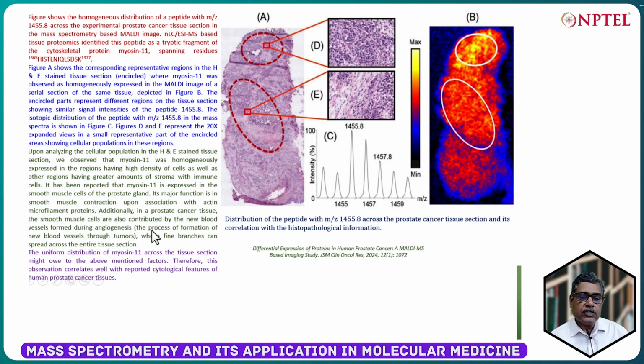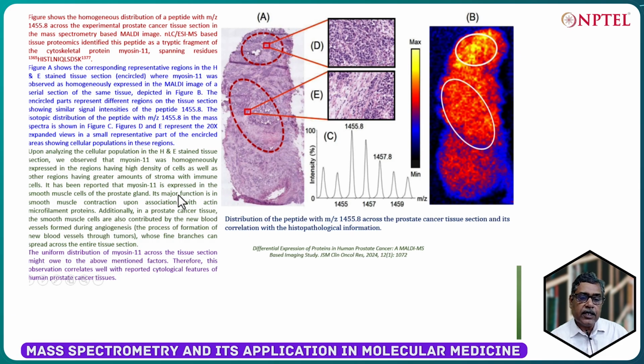That means the process of formation of new blood vessels through the tumor, so that the cells get nutrients, and whose fine branches can spread across the entire tissue section. Therefore, uniform distribution of myosin 11 across the tissue section might owe to the above factors.